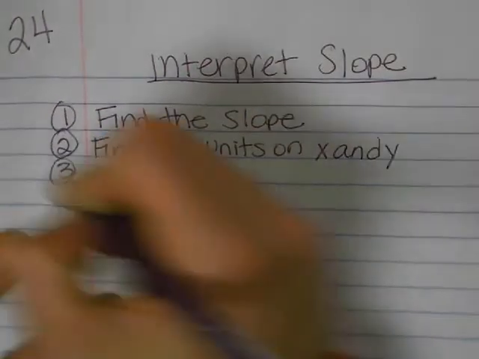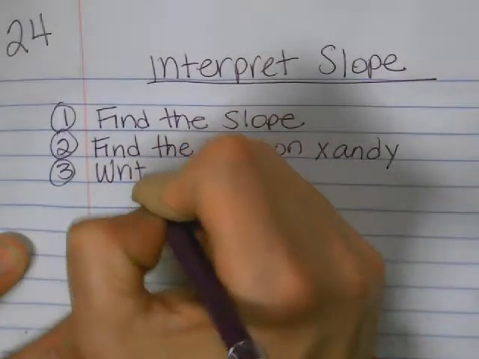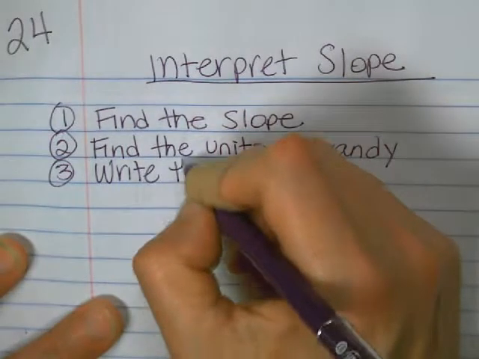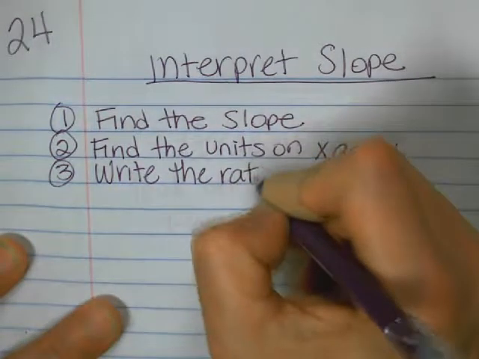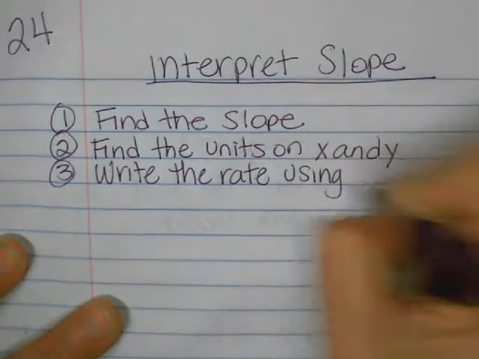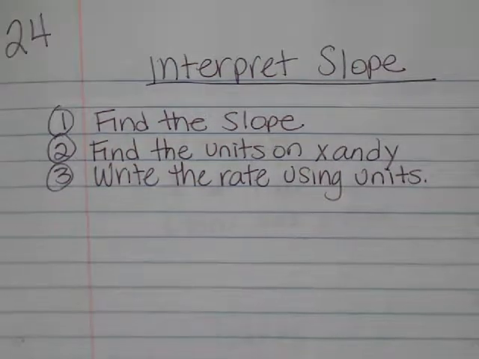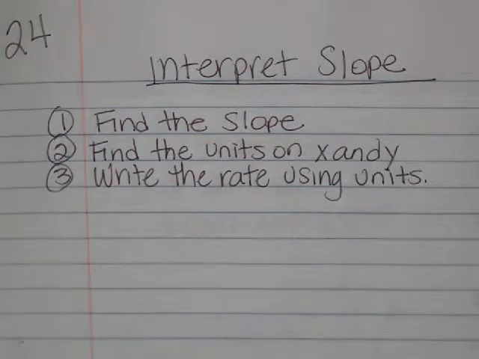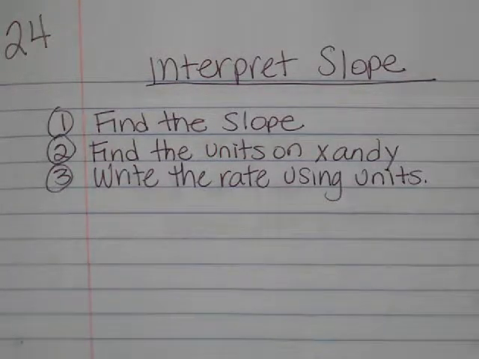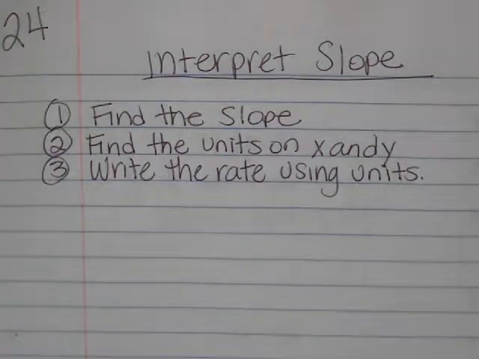And then step 3, you're going to write the rate using the units. This should be written on page 24 of your notebook. If you didn't write it, please do so right now. Make sure you pause it if you need more time.